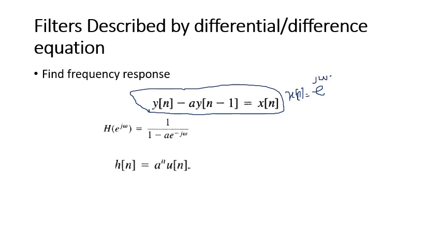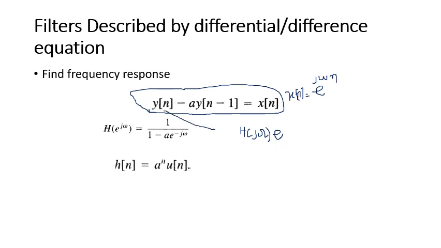Now when this is the input and we know that the system is LTI, the output y of n will be equal to, let's represent it by the capital H of j omega, times e power j omega n.